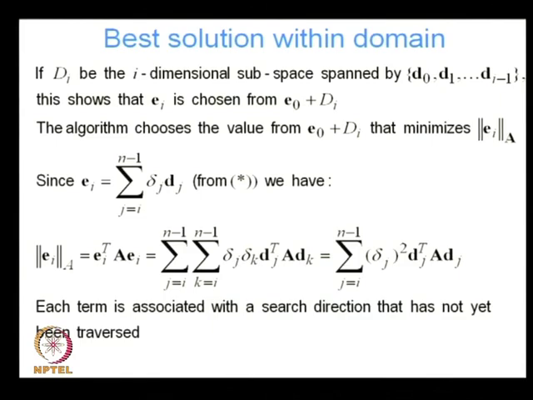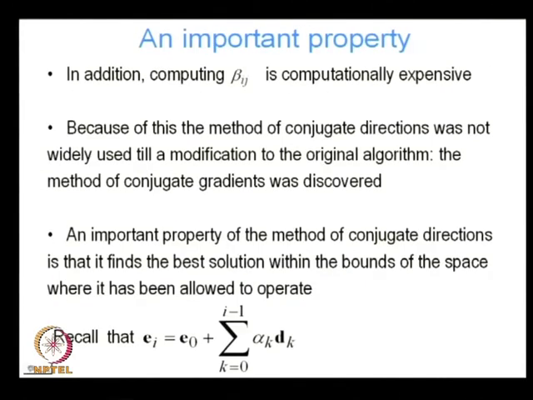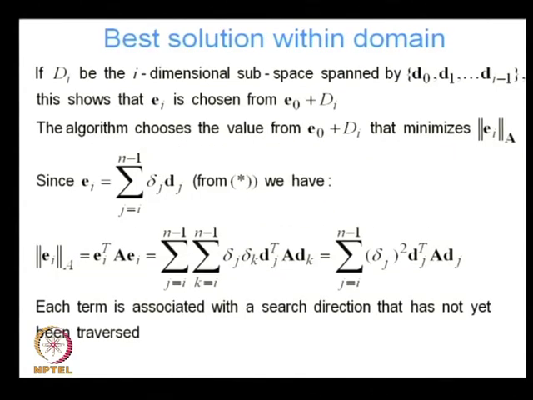And what my equation here tells me is that the error at step i can be written as a combination of my basis vectors d_0 to d_(i minus 1), basically my subspace D_i, and my original error vector e_0, right. It shows that e_i is chosen from e_0 plus D_i.